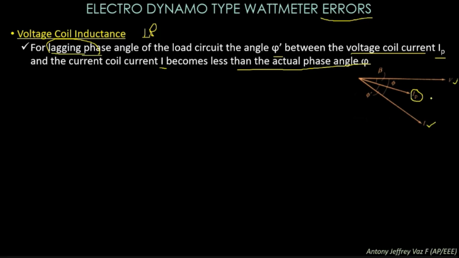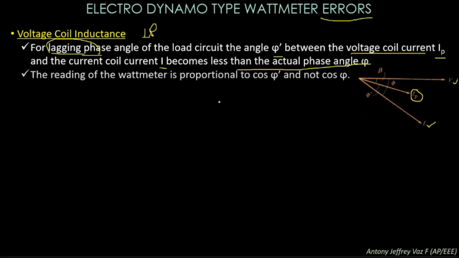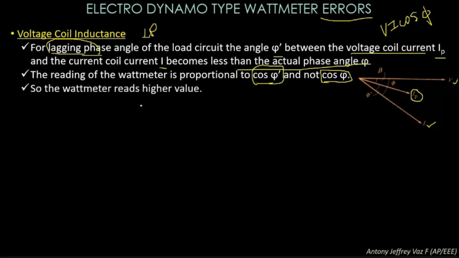So this is known as the lagging power factor. The reading of the wattmeter is proportional to cos phi dash and not cos phi. You always need to have VI cos phi, but the power measured by the wattmeter is for cos phi dash and not for cos phi. So the wattmeter reads a higher value.